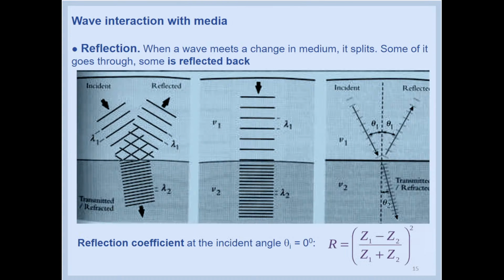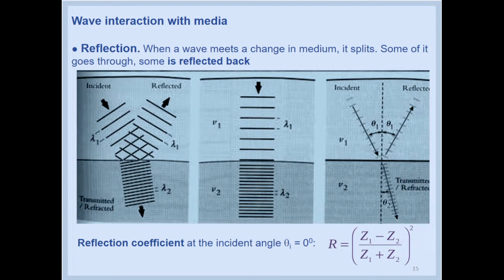And look here, wave interaction with the medium. We start from this phenomenon, the reflection. When a wave meets a change in medium, what is the change? The change in the media's acoustic impedances. The wave splits. What does this mean?